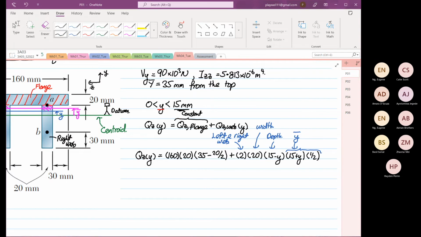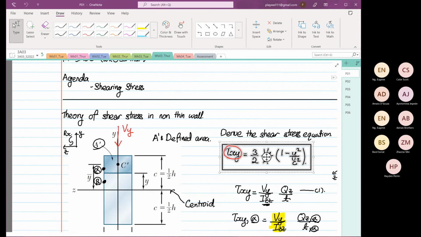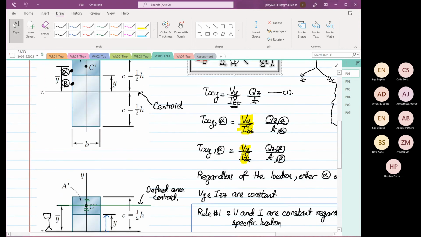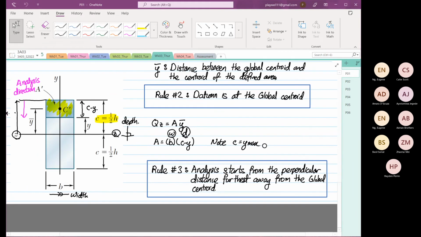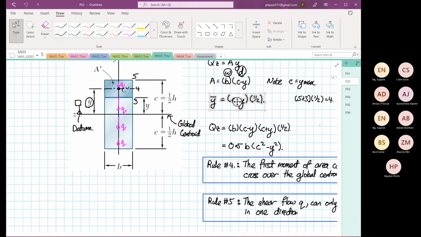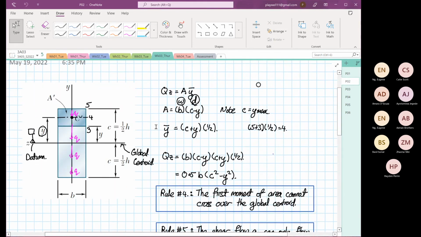Okay. So just to quickly recall why the y bar is equal to half, I think we derived our equation. Okay, we derived, let's see over here, it's not this one. Okay, we derived that the y bar over here is c plus y multiplied by half.